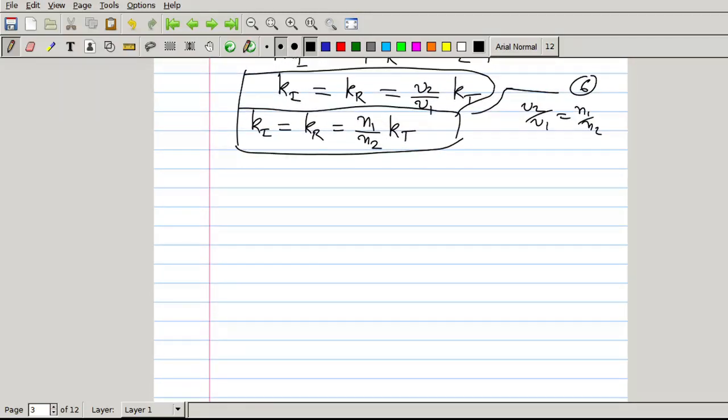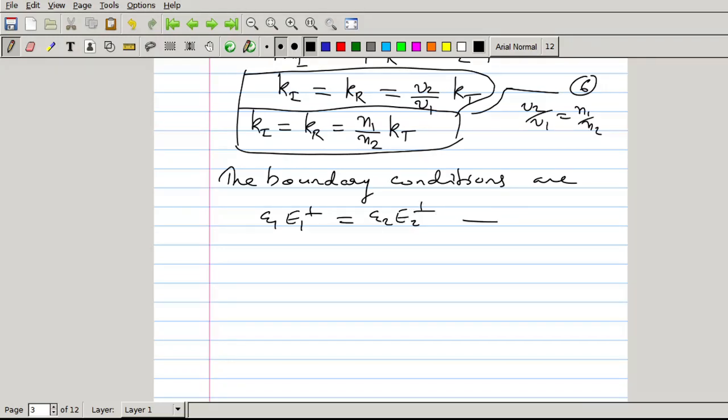Now the wave on the left hand side should join with the wave on the right hand side based on the boundary conditions. So the boundary conditions are: epsilon1 E1 perpendicular equal to epsilon2 E2 perpendicular, equation number 7. B1 perpendicular equal to B2 perpendicular, equation 8.